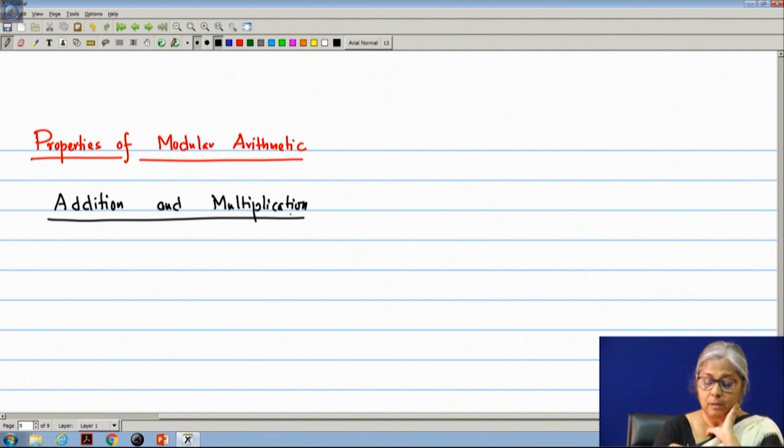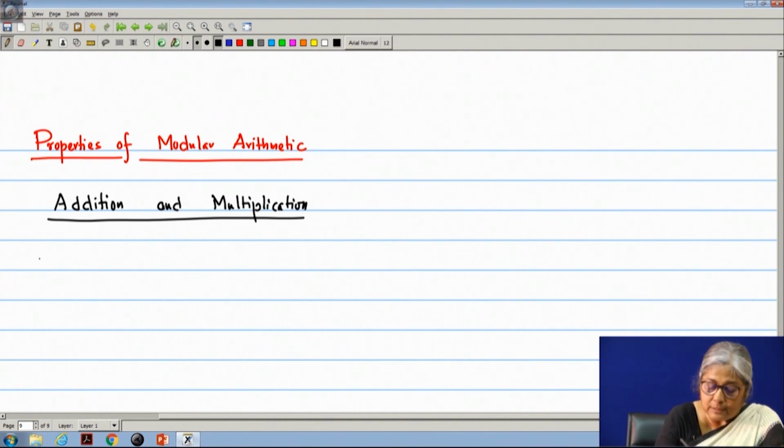Now we first prepare an addition modulo table, that means a table with the operation of modular addition.